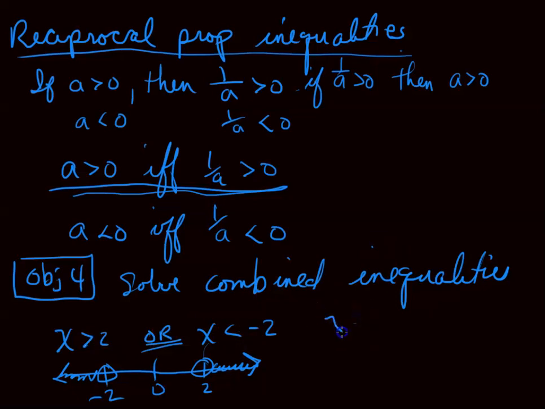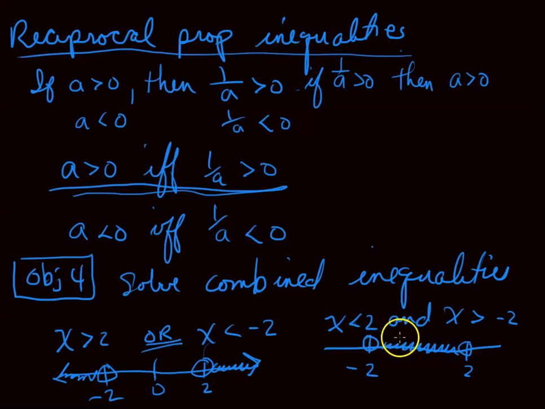Suppose we want x is less than 2 and x is greater than a negative 2. This is where we would need and. Of course, we want to make sure this is our situation, but this is all the stuff in between because it's greater than a negative 2 and less than 2 at the same time.